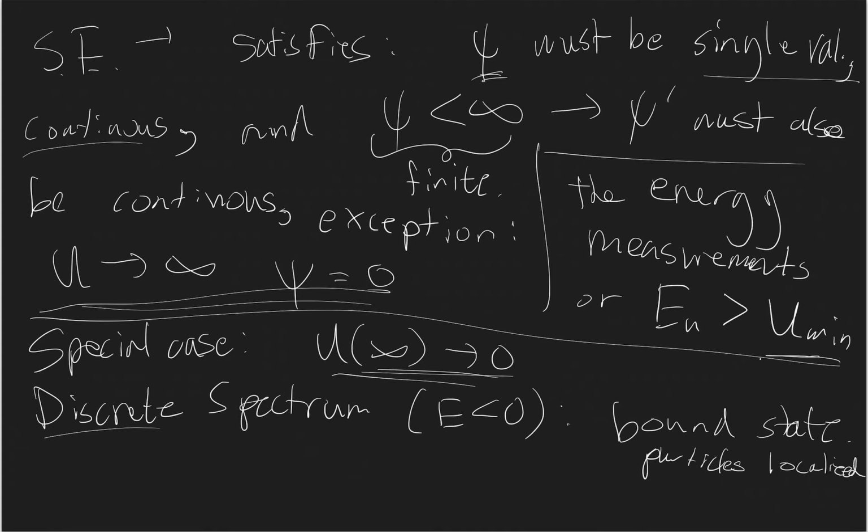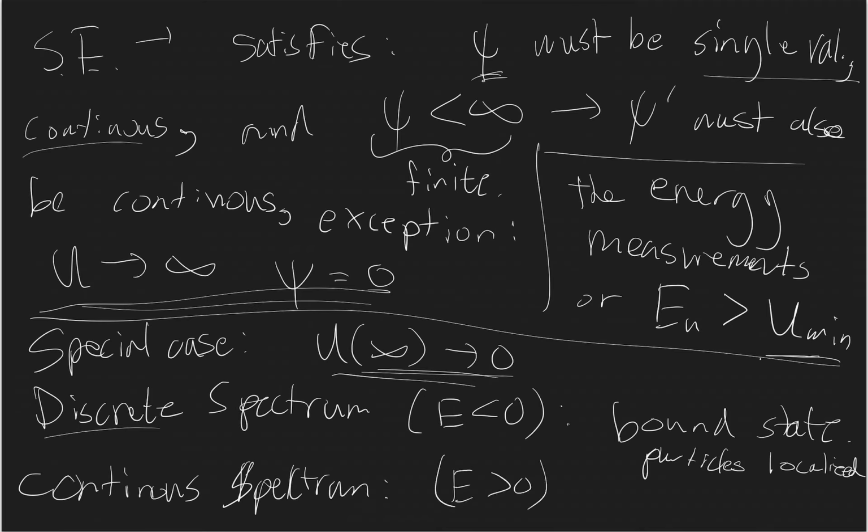Okay. The next one is the continuous spectrum. The continuous spectrum is where the energy is positive. And really what that means is that the positive energy states are unbounded, but another way to describe them is scattering. And they can take on any energy that's positive.